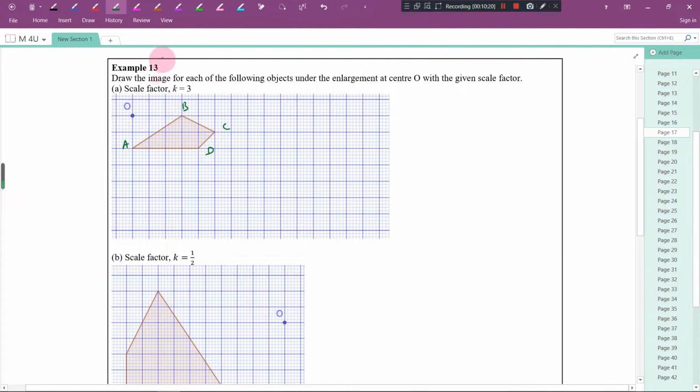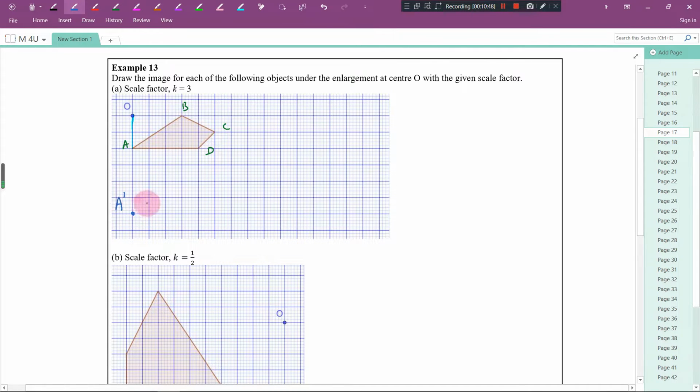From here to here, okay? Remember, start counting from the center to the vertex. Now this is 2, right? Go down 2. And the scale factor is 3. 2 times 3, you will get 6. So you have to go down 6 steps. 1, 2, 3, 4, 5, 6.